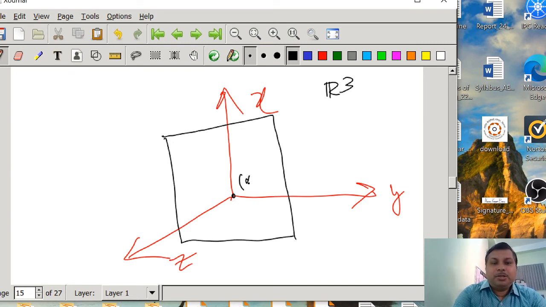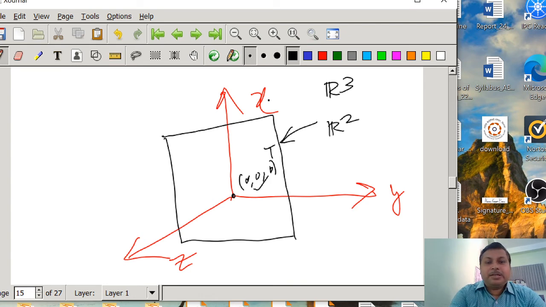This is the origin 0 0 0. And what is the dimension of this subspace? That is definitely R2. So that is a subset of R3, and it is going to qualify the three important features: it includes the zero vector, it is closed under addition, and it is also closed under scalar multiplication.